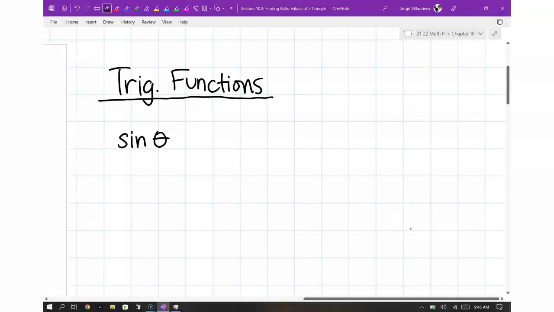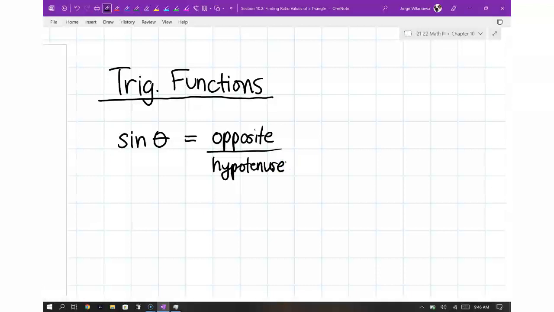So sine of theta is equal to opposite divided by hypotenuse. Now, they're assuming that you know that the hypotenuse is the side that is opposite the 90-degree angle, in a right triangle.